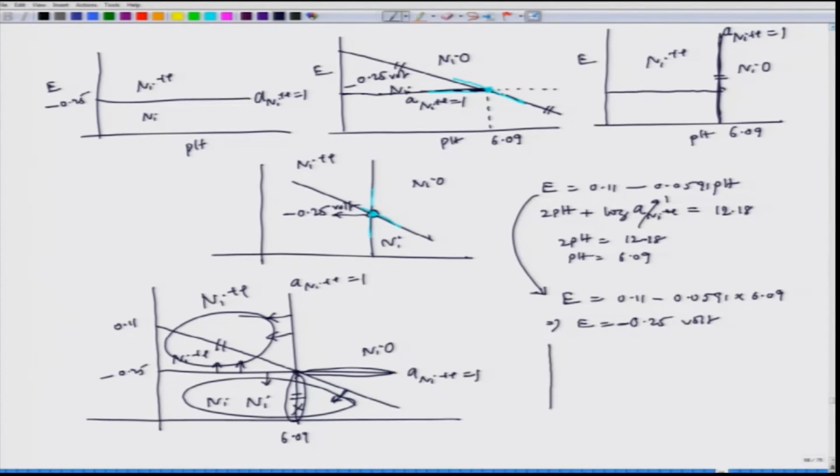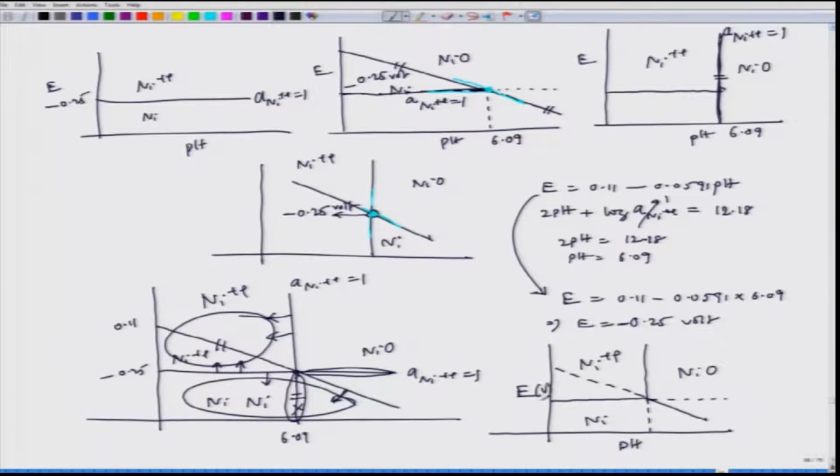So, if I draw the final region, whatever line is not able to exist, that portion I will draw with a dotted line. And then we can plot the regions Ni plus plus, Ni, and this is E, this is pH, volt.